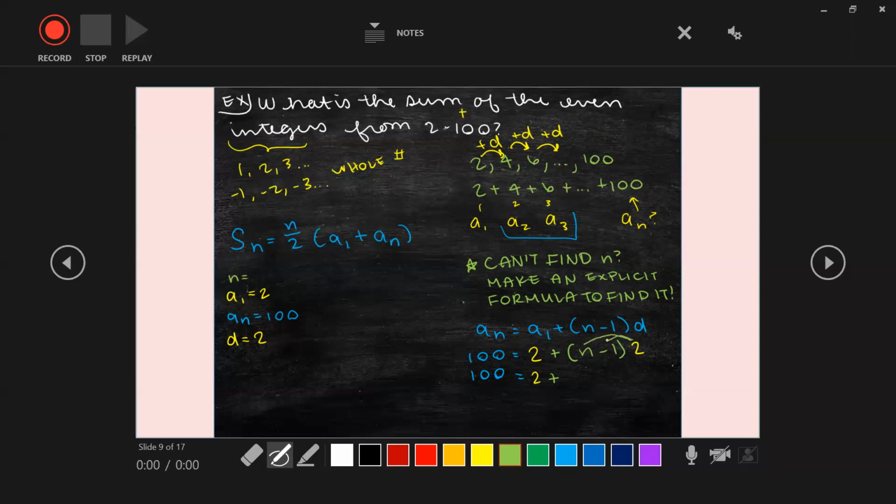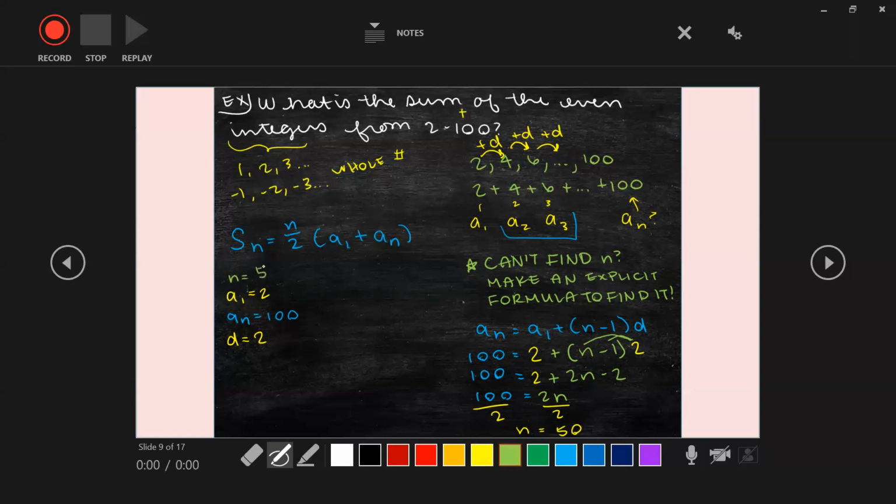We distribute: 2n minus 2. And then you combine like terms, so you have 2 and negative 2. So you have 100 is equal to 2n, and you divide each side by 2. So n is equal to what? 50.